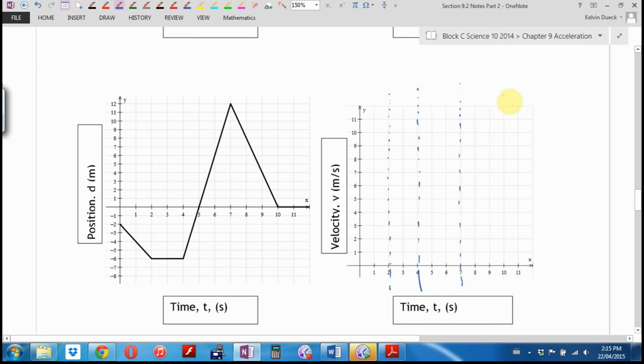And 10 seconds in. Okay. So put the dotted lines in. And once you've done that, put your pencils down.